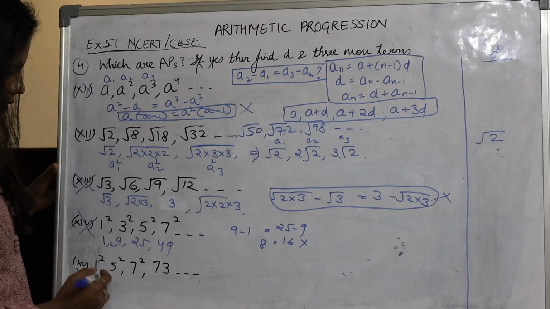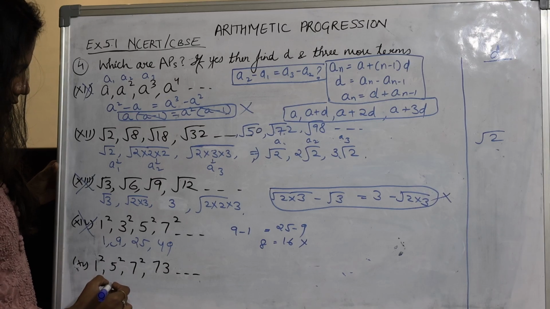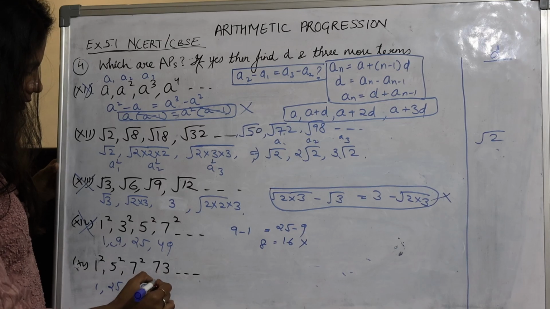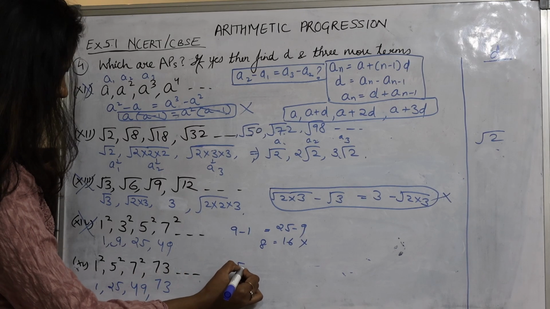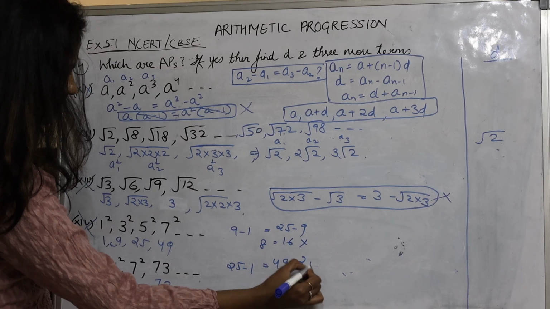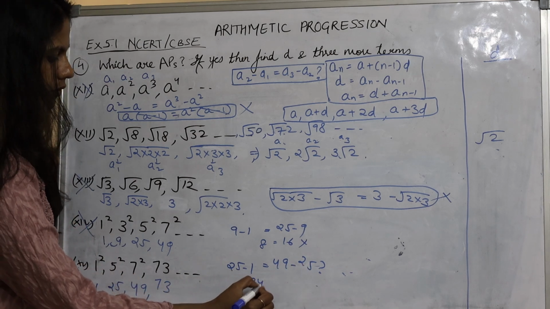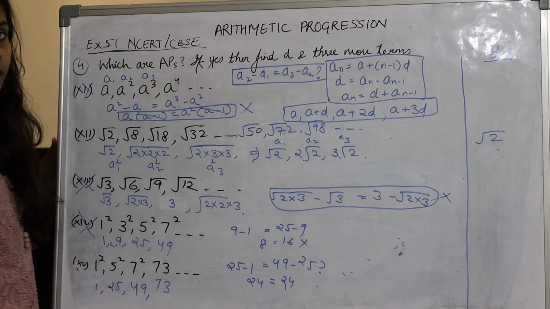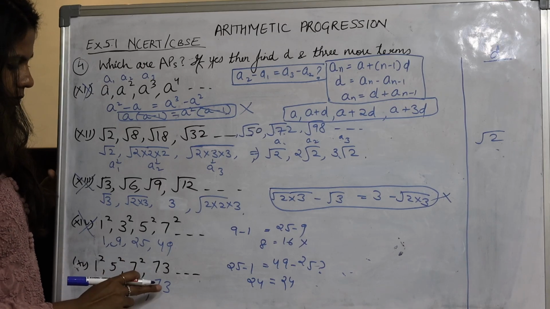This is 1 square 1, 5 5 is 25, 7 7 is 49 and this is 73. So is 25 minus 1 equal to 49 minus 25 or not? So this will be 24 on the left hand side and the right hand side will be 24. Yeah, they are equal. So this is an AP.